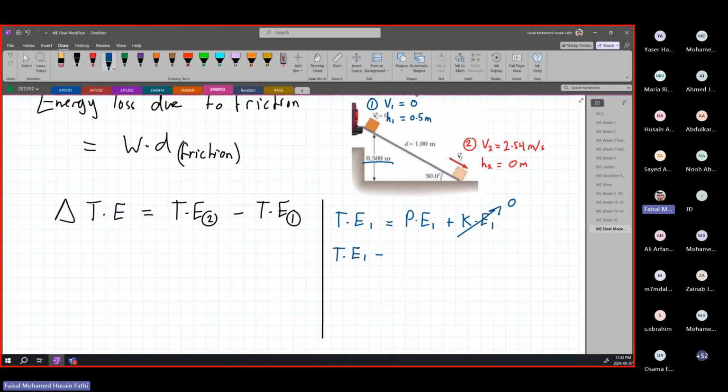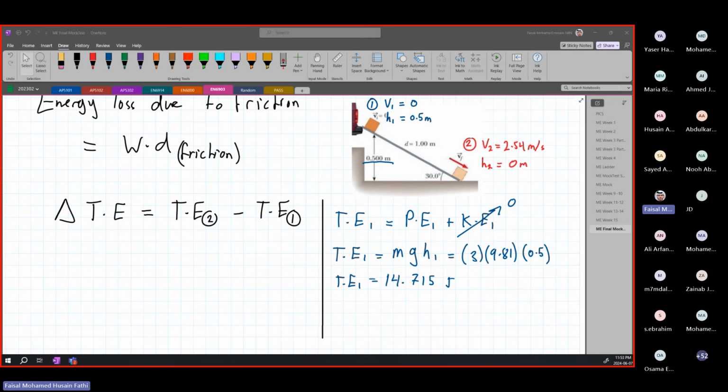So total energy at 1 is mgh1, which is the mass of 3 kilograms times 9.81 times the height of 0.5. If you calculate this, total energy 1 is equal to 3 times 9.81 times 0.5, which is 14.715 joules. Very simple and straightforward. Just apply your energy equations. So this is for point 1.